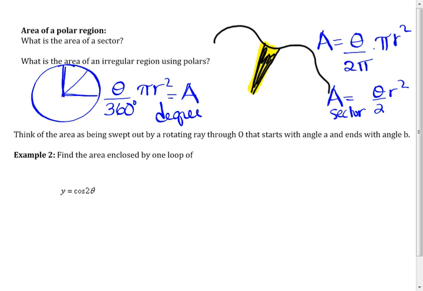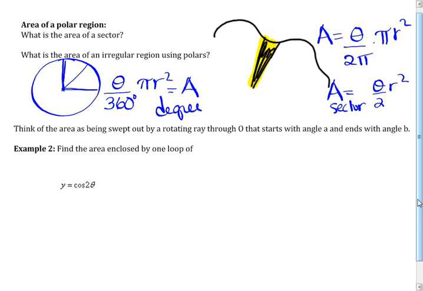Now, what am I going to do with this? Not a derivative. I've got to get a differential in here. What's really tiny when I do my sectors, the theta or the r? Theta. Theta is what's really small, so we make that delta theta.